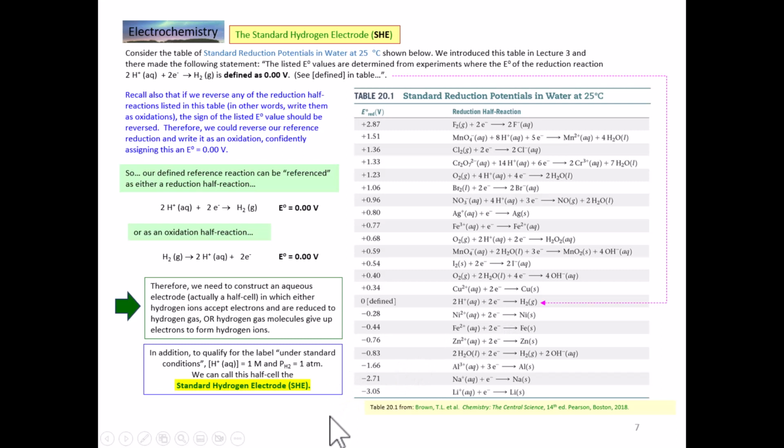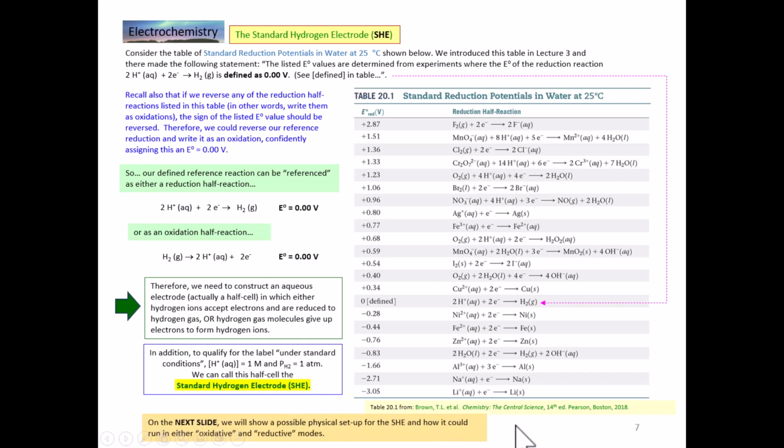In addition, if we want this to be a standard hydrogen electrode, of course, the hydrogen ion concentration would need to be 1 molar, and the partial pressure of hydrogen gas in the cell would have to be 1 atmosphere. Again, we could call this half cell then the standard hydrogen electrode.